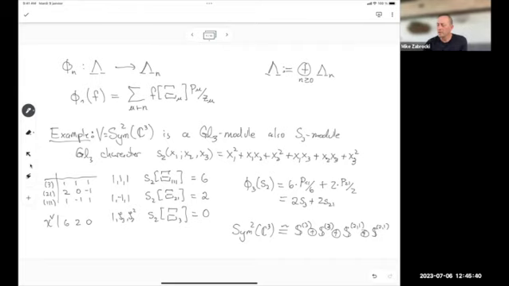Okay. So in general, this is an interesting problem. How do I decompose a GLn character as a symmetric group character, an Sn symmetric group character?